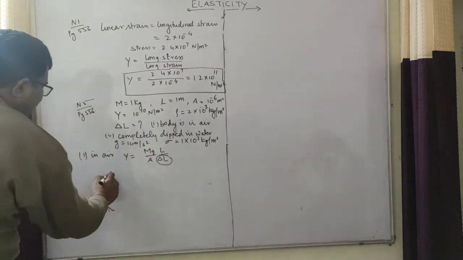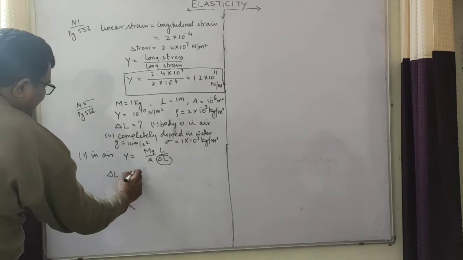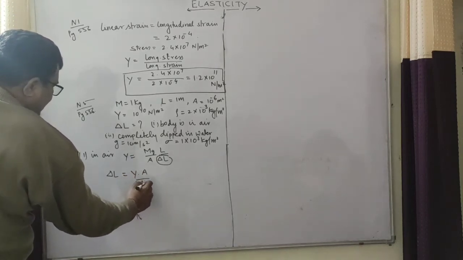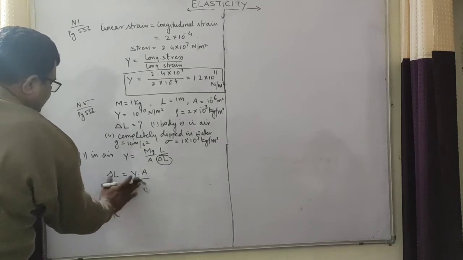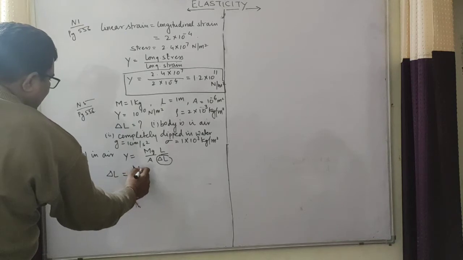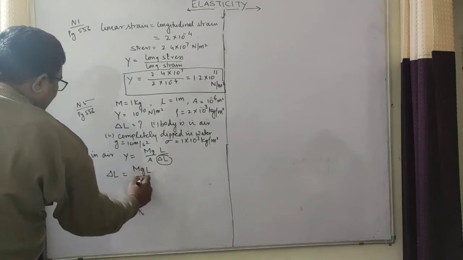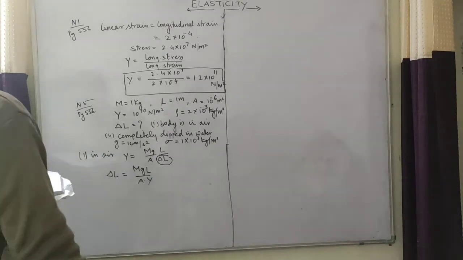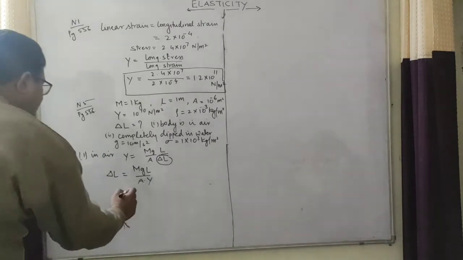So making delta L the subject, delta L is mg L upon A into Y. Now putting the values.